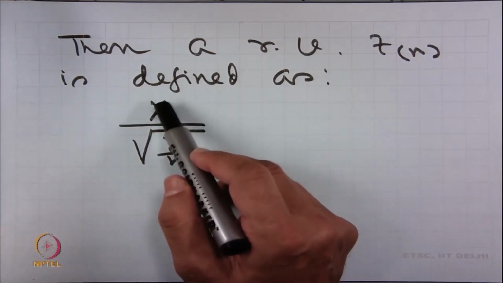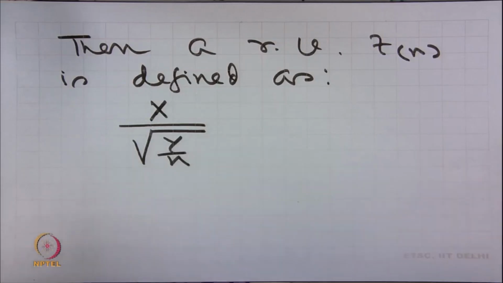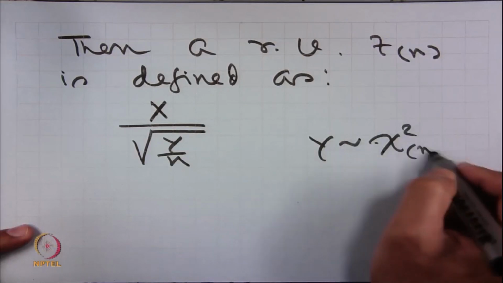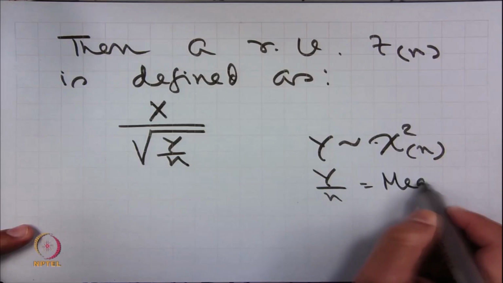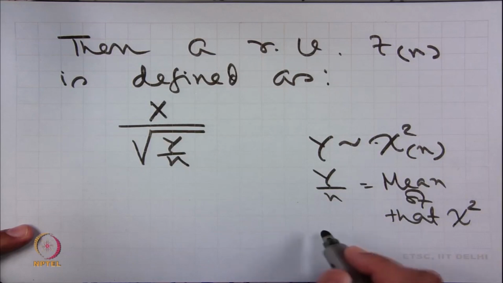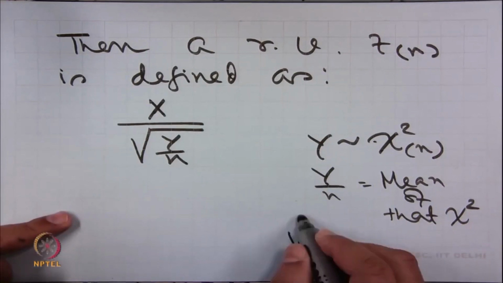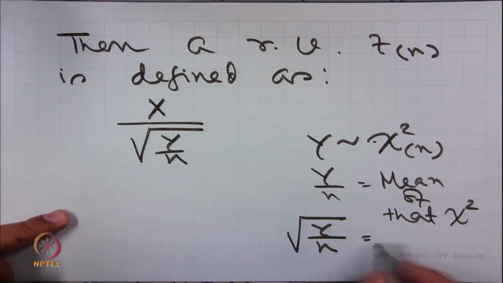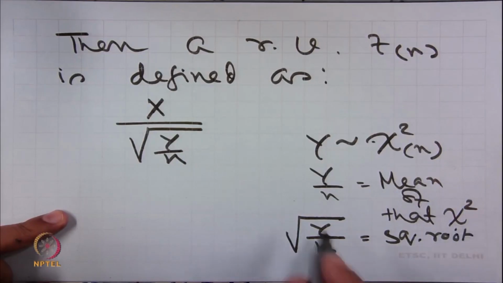X is a normal variable, y is a chi-square variable, therefore, y by n is the mean of that chi-square, and root over y by n is the square root of that.